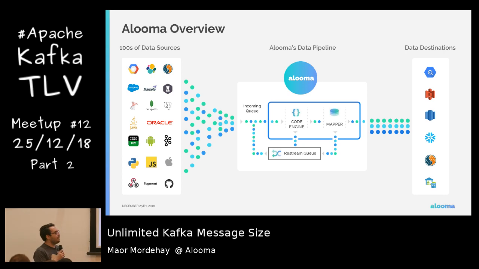We develop a data pipeline as a service, and we have many hundreds of integrations, and we need to stream the data from all of them to whatever data warehouse our client has. So we built this on Kafka, and we're using it more and more and want to get the most out of it.